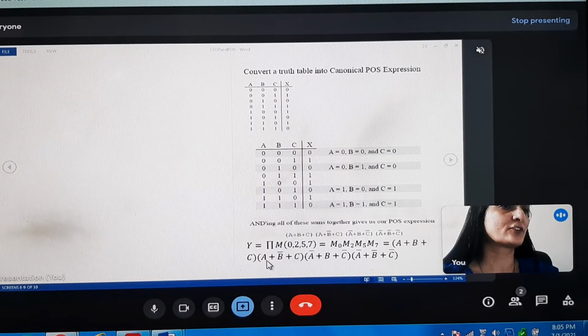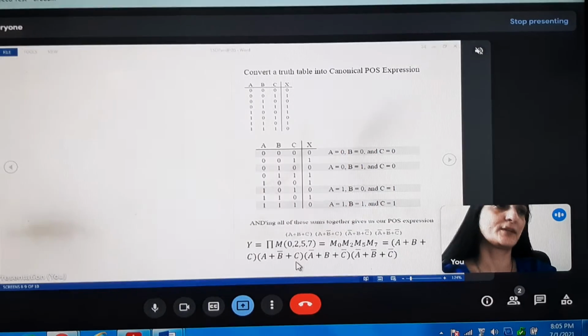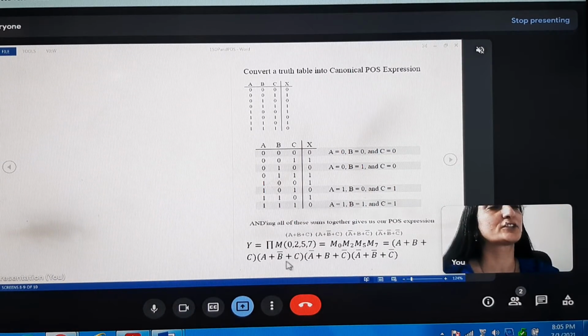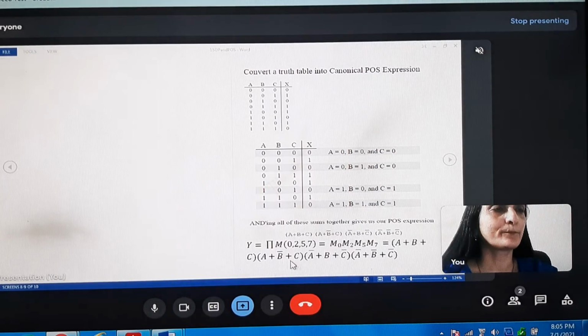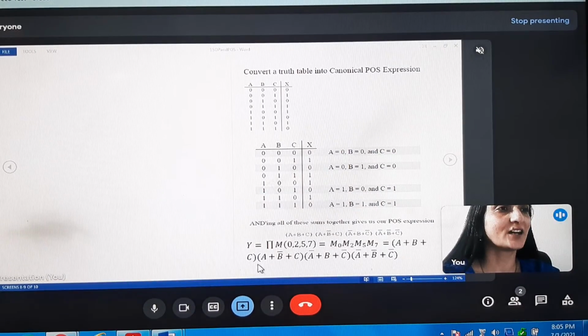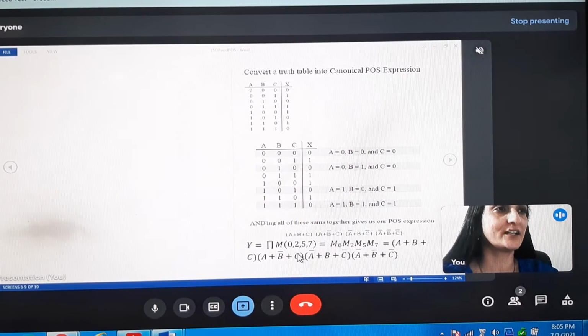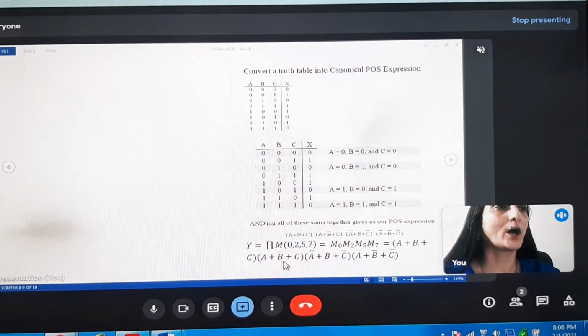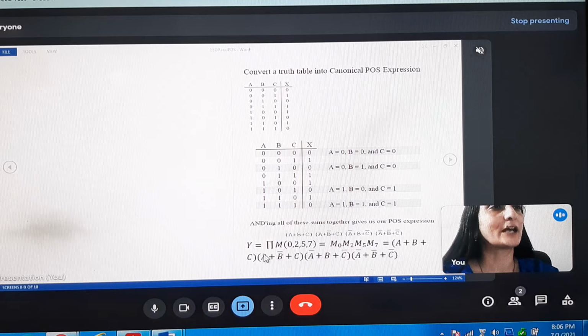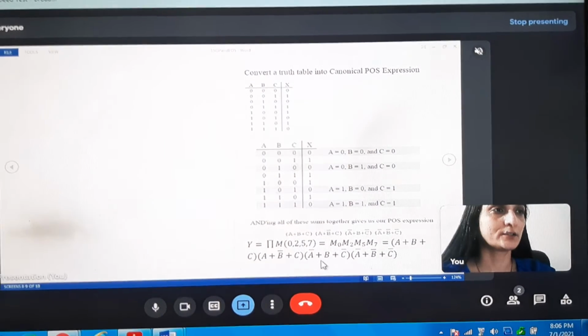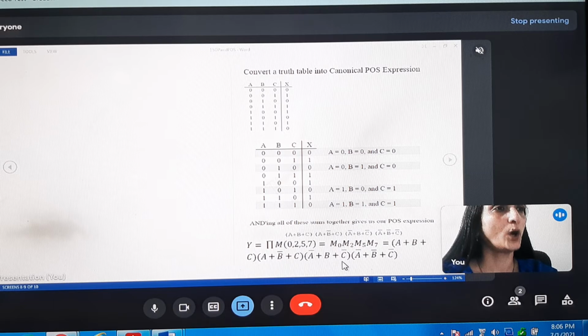If the sum term is A plus B bar plus C, it means the binary pattern for this sum term is 0, 1, 0. A is the MSB, C is the LSB, 0, 1, 0. So the decimal code for this binary pattern is 2. The decimal code for the binary pattern 1, 0, 1 is 5.